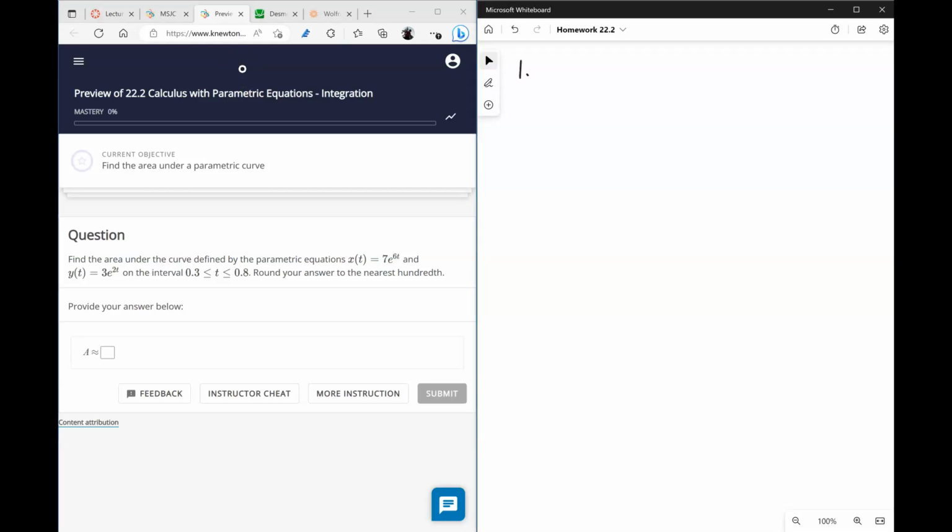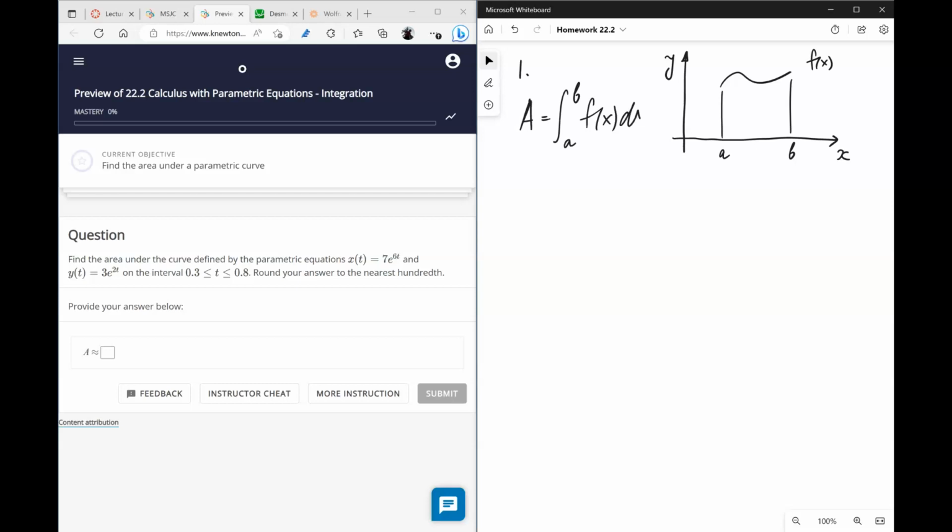We are given a parametric curve and we have to find the area under the curve. So we would assume under implies between the curve and the x-axis. And to find this area, normally we would just integrate the function, but we have a different formula for finding the area of a curve defined parametrically.